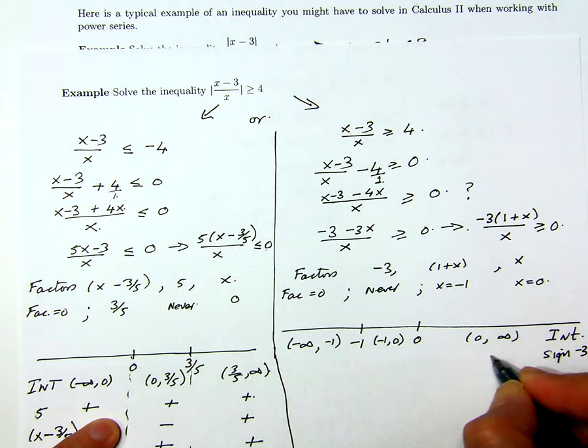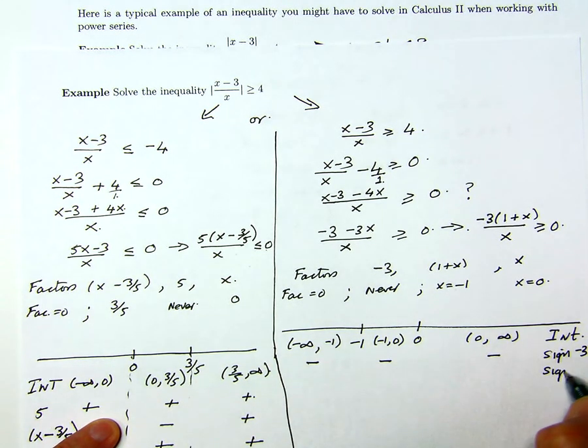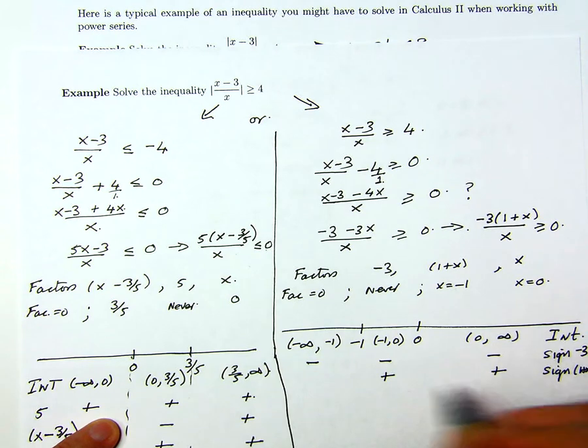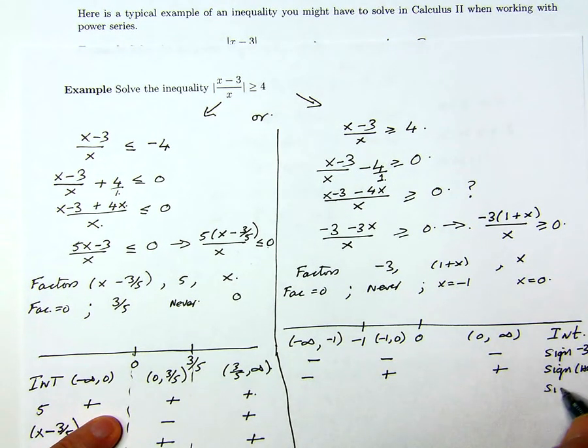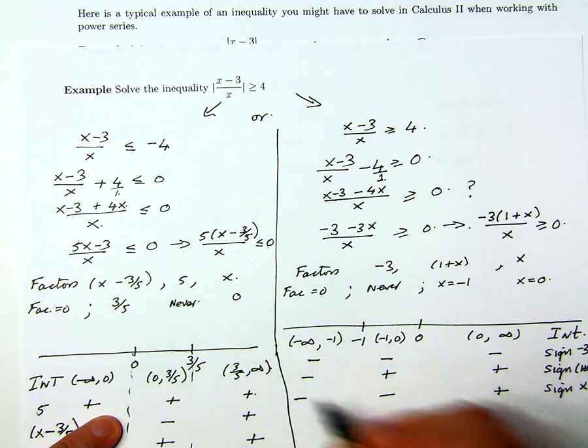The sign of minus 3 is always negative. The sign of 1 plus x is going to be positive for x bigger than negative 1 and negative for x less than negative 1. And the sign of x is going to be positive for x bigger than 0, negative for x less than 0.